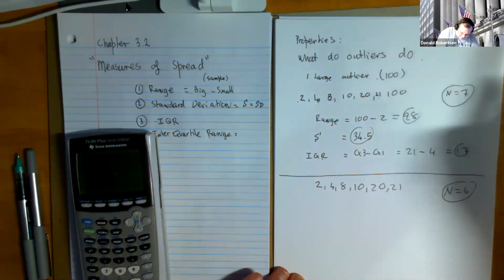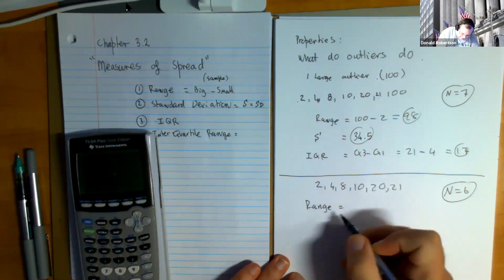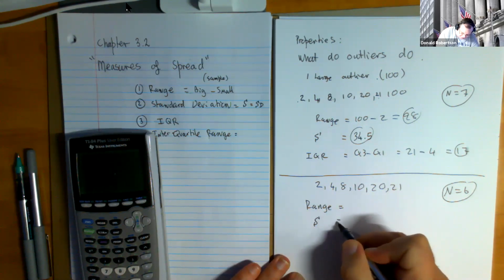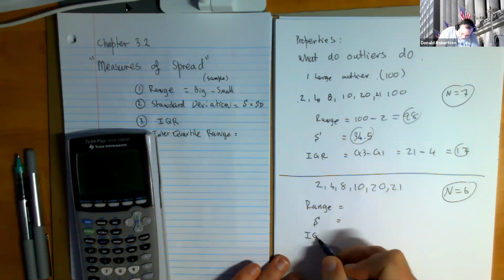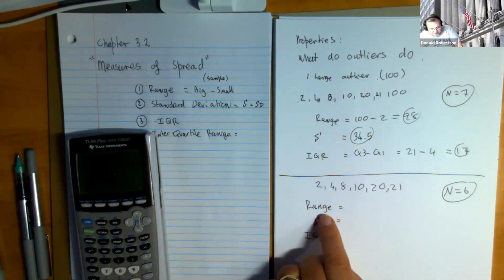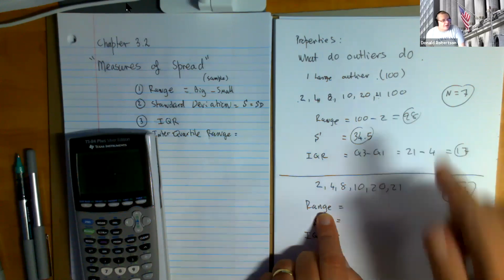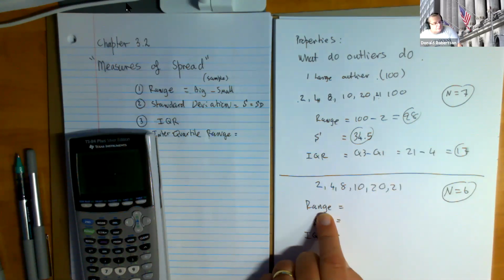We're going to get the range, the standard deviation, and the interquartile range. Before I even calculate them, do you think the range is going to be bigger or smaller than it used to be, which was 98? Smaller.